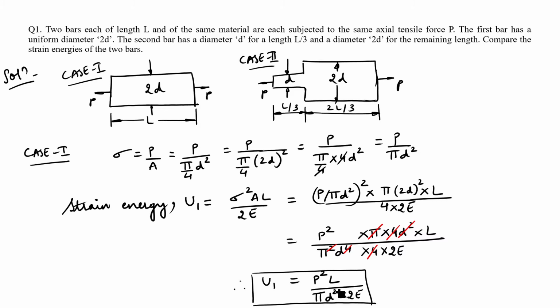Now let's take up the second case. As we have just seen, the total strain energy will be the strain energy for the first portion of the bar plus the strain energy of the second portion of the bar. So let me call this U2, and let me rename these two as U3 and U4.